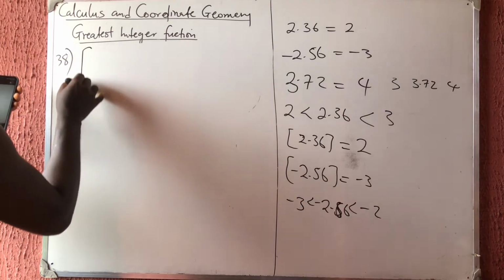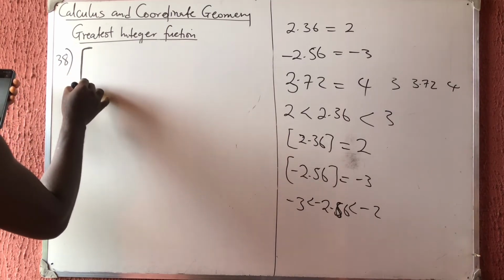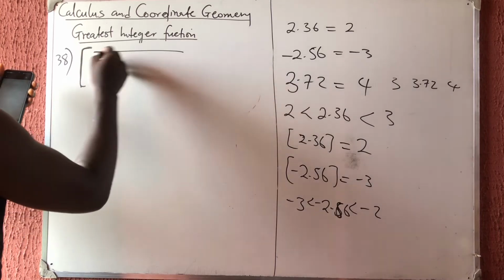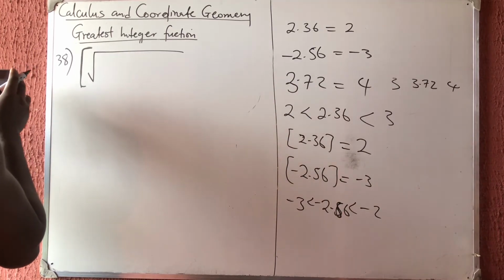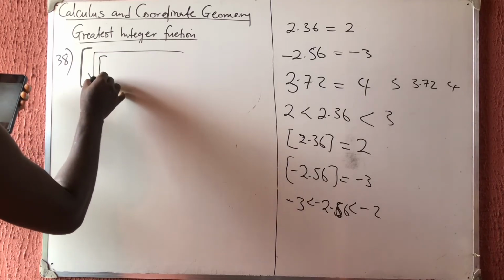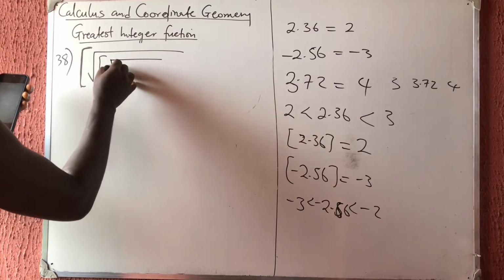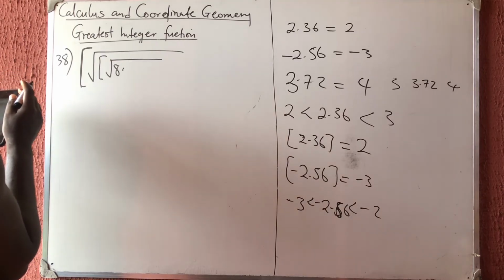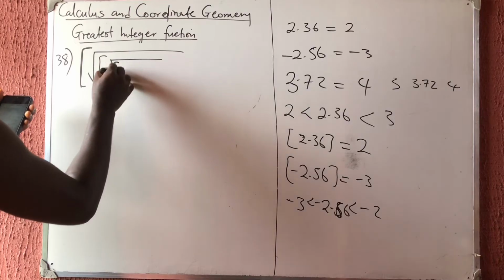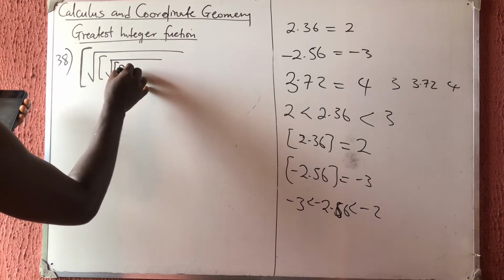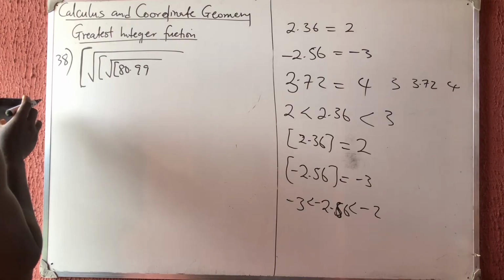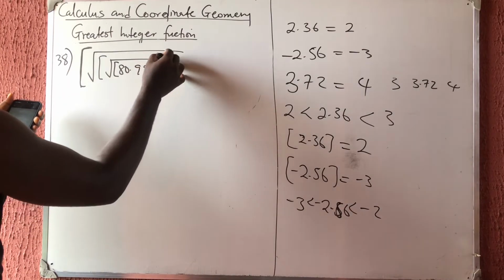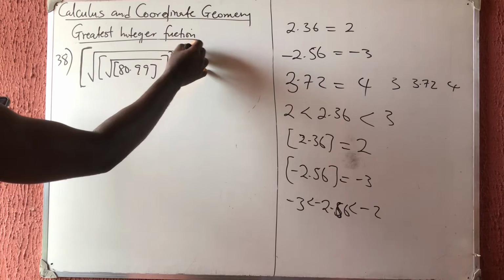It said the greatest integer function covering the square root of another greatest integer function of the square root of 80, another greatest integer function of 80.99, and then this one is raised to power 3, then covered like this.